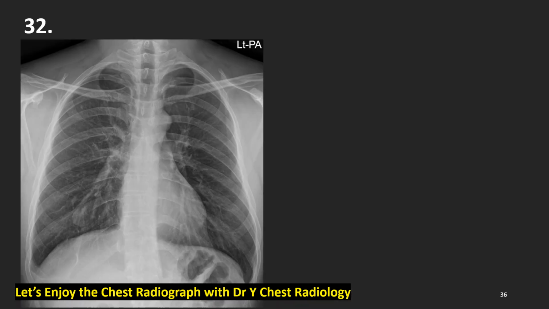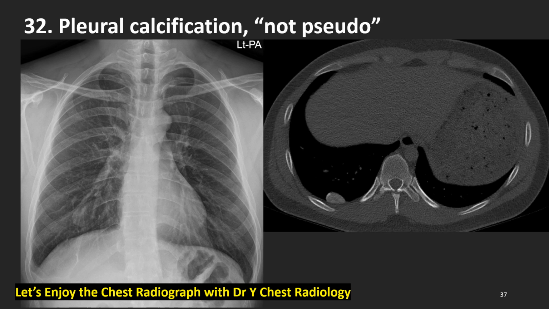What do you see? What are the abnormal findings in this film? This is a PA erect chest radiograph. You got it? How large? Two centimeters, yes. This axial bone setting CT shows the answer.